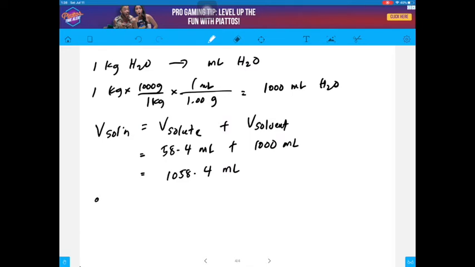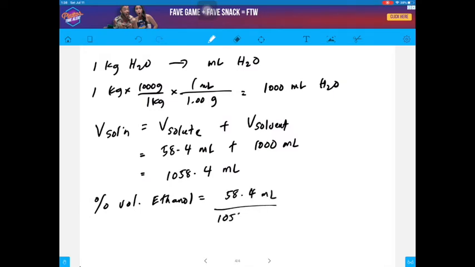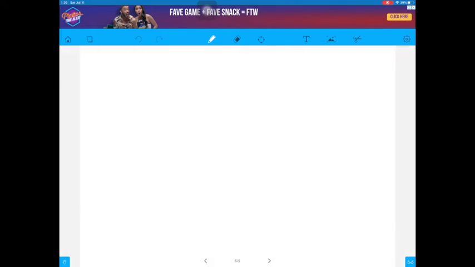Now we can calculate the percent by volume concentration. It's basically the volume of the solute over the volume of the solution multiplied by 100%. And finally we get 0.0552% by volume ethanol.